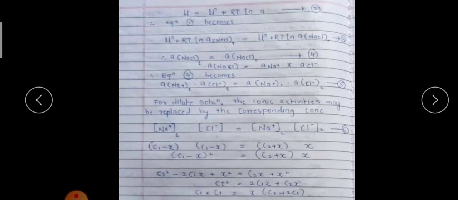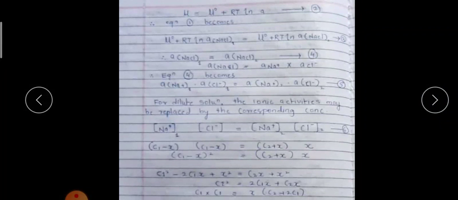The chemical potential of any substance in terms of its activity is mu equals mu 0 plus RT ln a. This is equation number 2. Therefore, equation 1 becomes mu 0 plus RT ln a NaCl 1 equals mu 0 plus RT ln a NaCl 2. Therefore, a NaCl 1 equals a NaCl 2, where a NaCl is the activity of Na+ times the activity of Cl-.